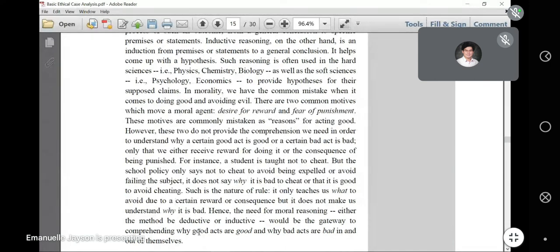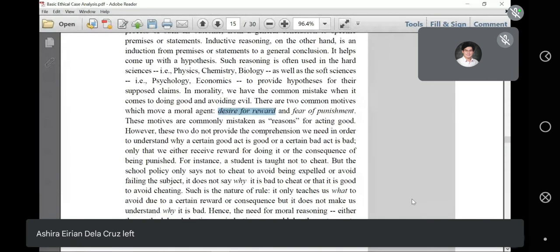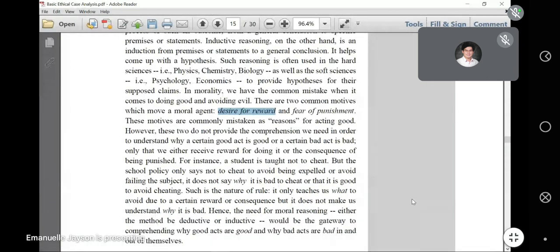So, in other words, the desire for reward and fear of punishment are the common motives, and sadly among adults as well. Kapag ang isang empleyado ng isang gobyerno ay nag-i-stay lang sa isang office until 5 kasi yun ang sinasabi ng policy, mag-stay ka hanggang 5, not really because you have a lot of work to do, then you're only in it for the desire of reward, no?